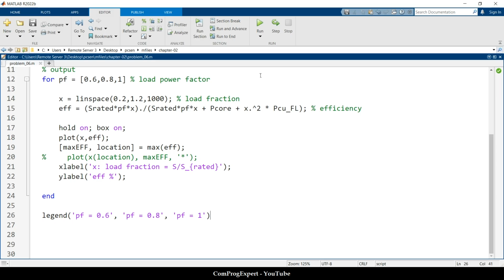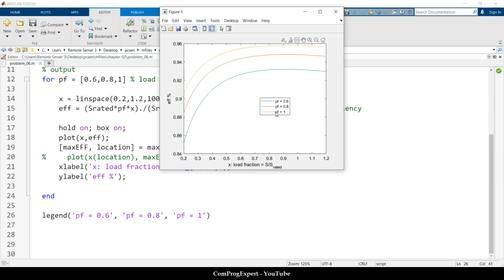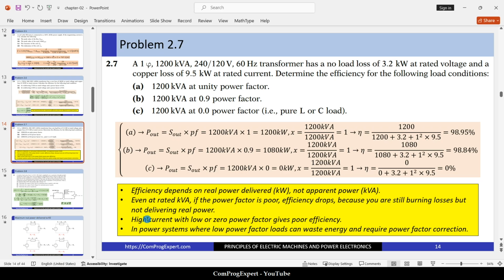Yes, we saw it here. When we reduce the value of the power factor, the efficiency drops because the amount of loss is the same for a specific load fraction, but we are reducing the amount of the output power. So high current with low or zero power factor gives poor efficiency.